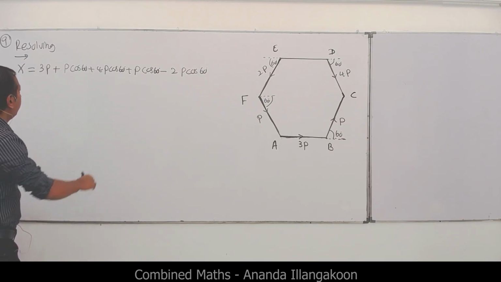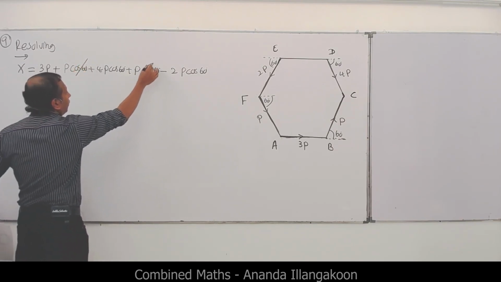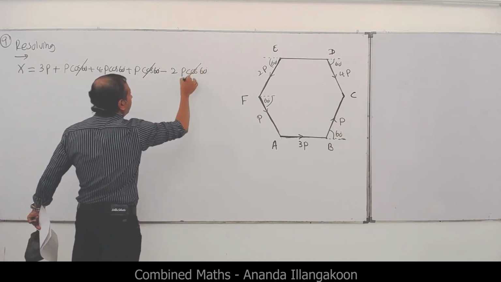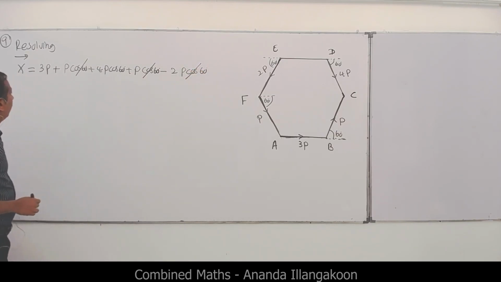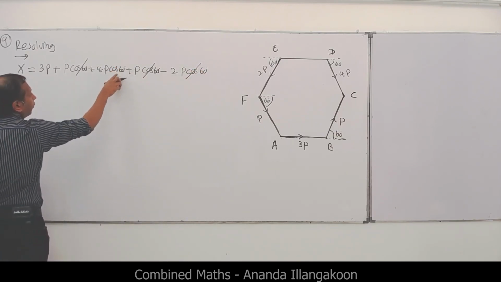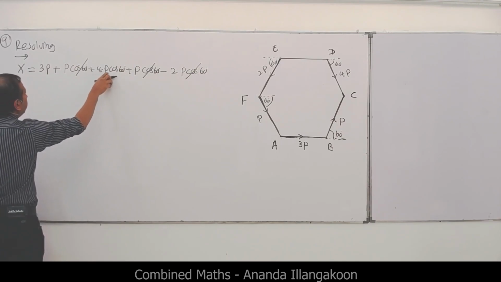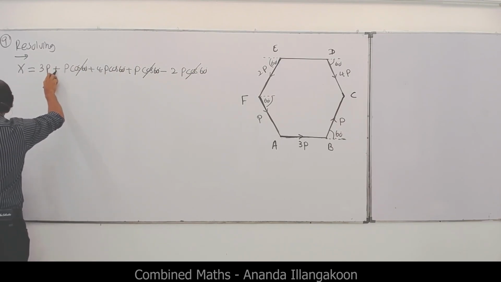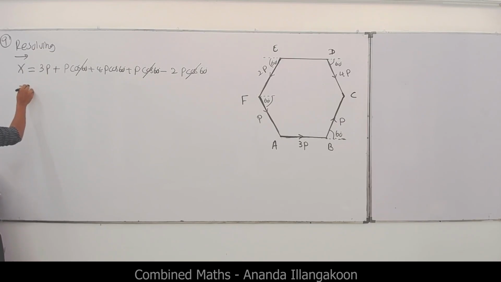P cos 60 and P cos 60 is 2P cos 60, we can cancel down with this. Then cos 60 is half, so 2P and 3P, it's 5P in the rightward direction.